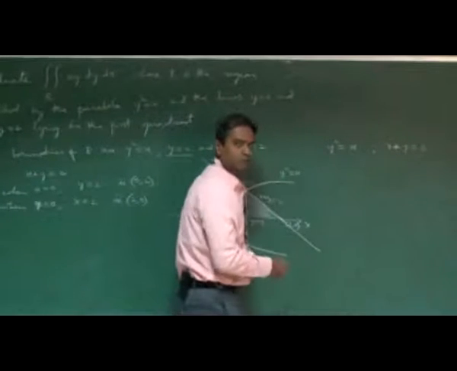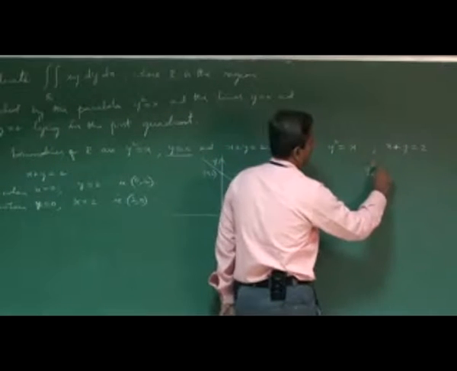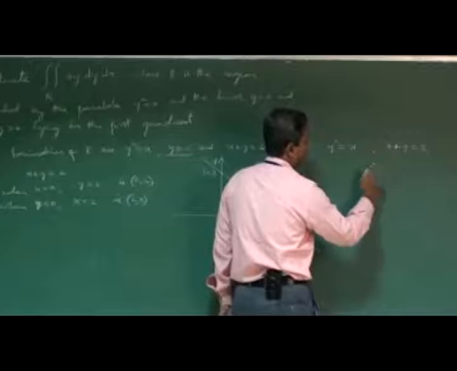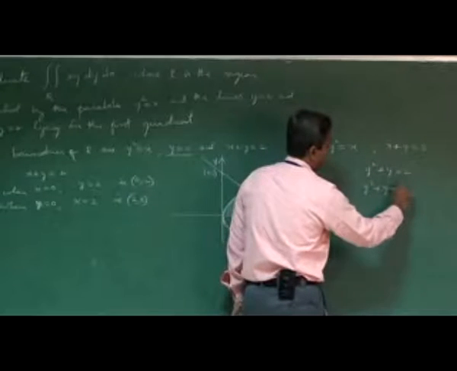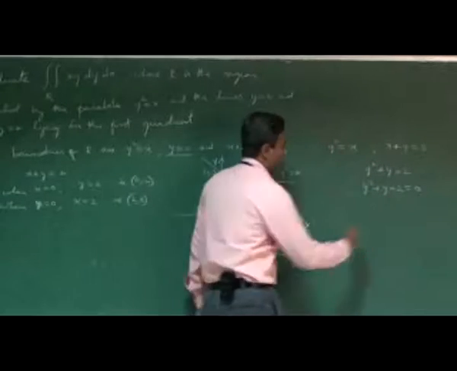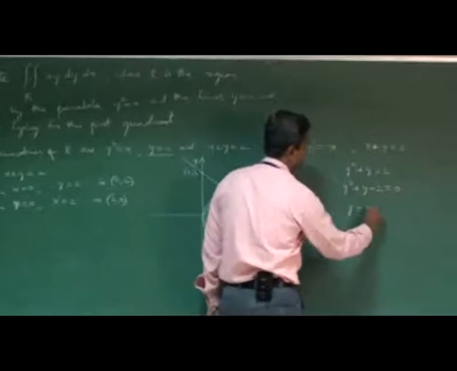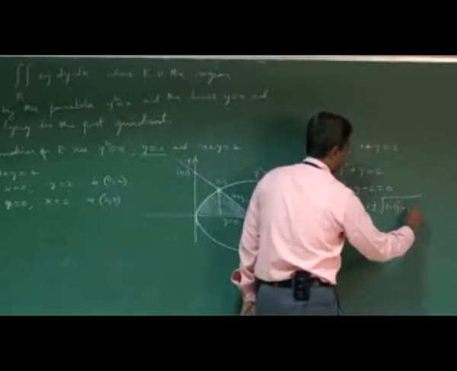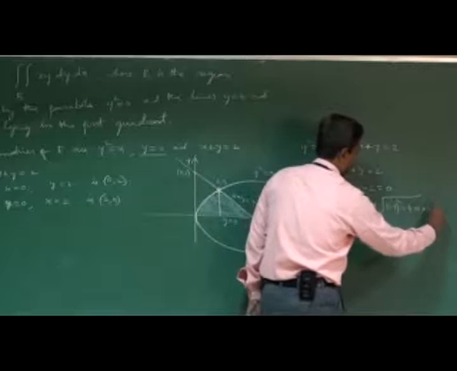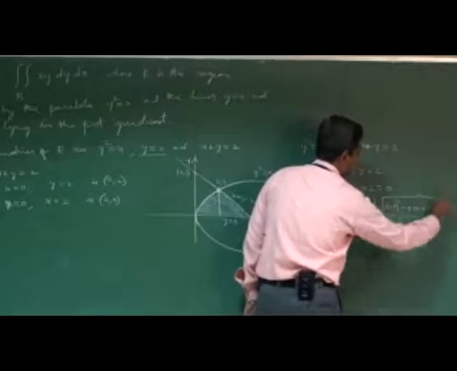When we solve these two equations, x is y squared, so y squared plus y equal to 2, so y squared plus y minus 2 equal to 0. You find y, that is minus b plus or minus square root of b squared minus 4ac divided by 2a.